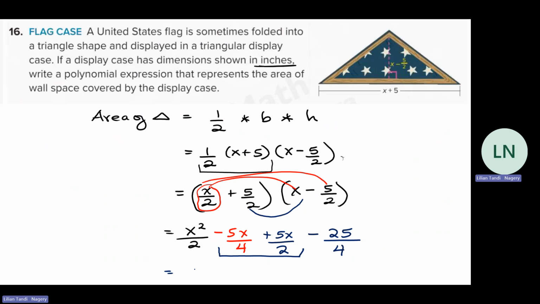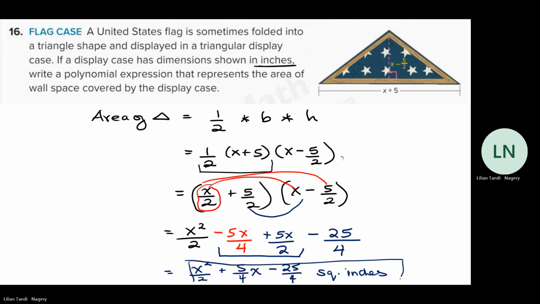Okay. So your answer is x squared over 2 plus 5 over 4x minus 25 over 4. And then what is the unit? Inches. So, and it is area, square inches. And you box your answer. Okay. So you can do distributive property.